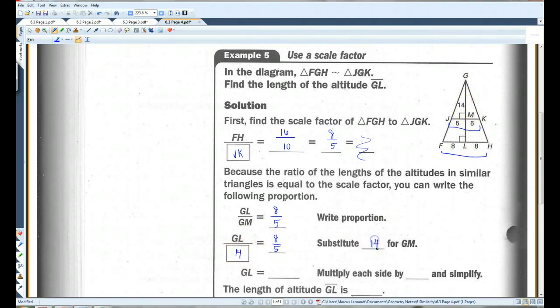I substituted 14 for GM. So I'm going to add in another step. I've got 5 times GL equals 8 times 14, which is 112.